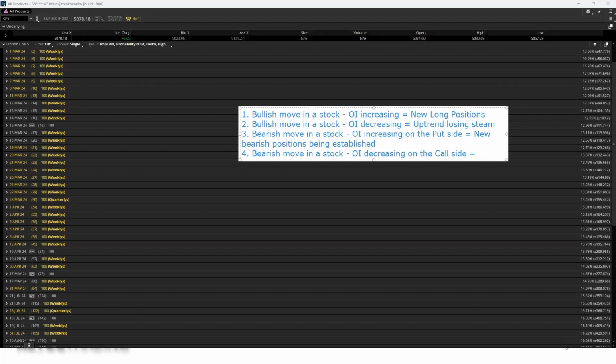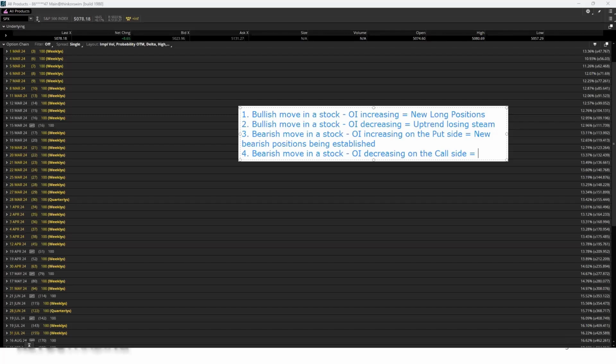And that tells us that people who had previously bought call options, meaning they were bullish on that stock, but now the stock's going down, and the call open interest is also going down. That can create a squeeze. So it could be people that had previous open long call positions that are now being forced to close them and take losses.